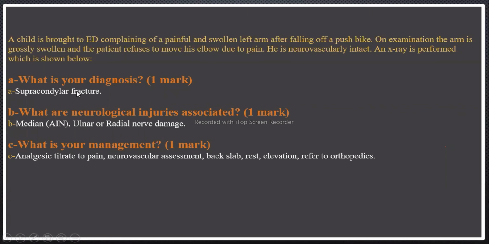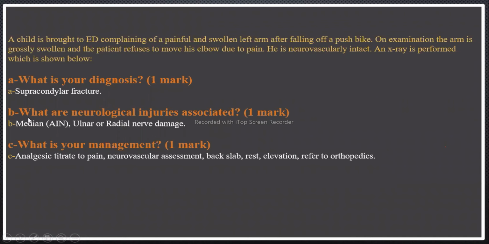So here, supracondylar fracture. What are the neurological injuries here? Median nerve. Yes. The priority here, the common is median. If they give you the option of anterior interosseous nerve, you can choose it. Also, it can be ulnar, can be radial. If they remove the median and ulnar, you can choose radial.